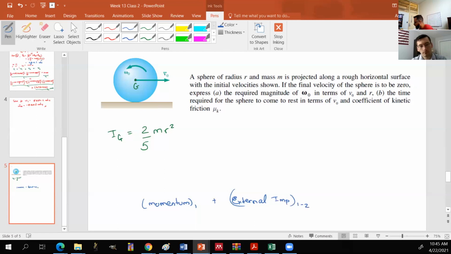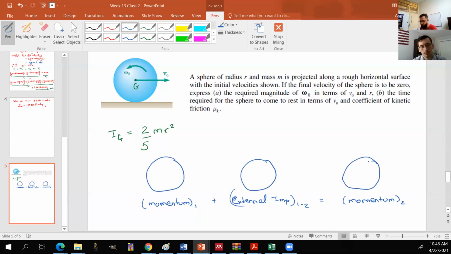So this is from position 1 to position 2. And then we're going to look at the final both linear and angular momentum at position 2. All right, so let's do it. So we have this there, we have this there, and we have this there.